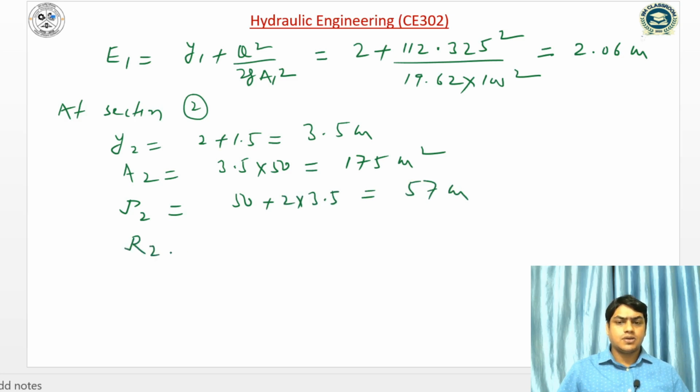So R2 can be computed as A2 by P2, so 175 divided by 57. So it is 3.07 meter.